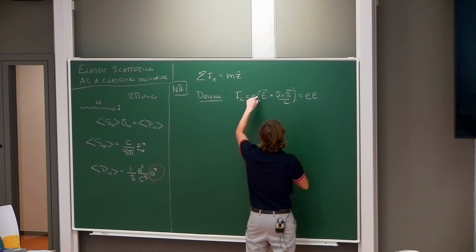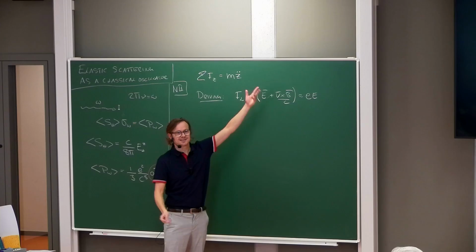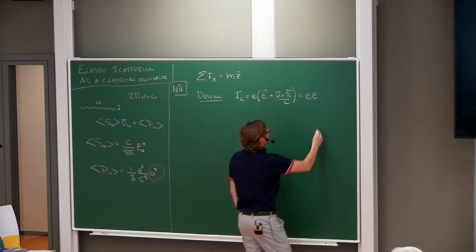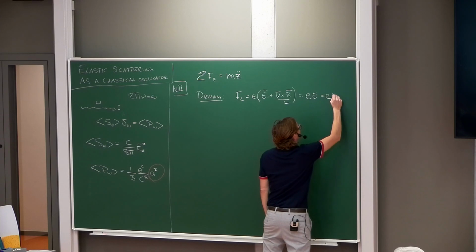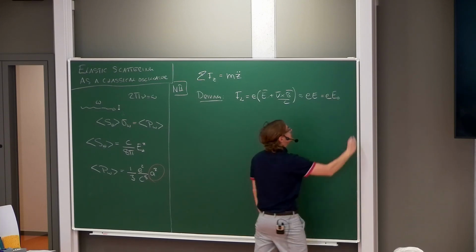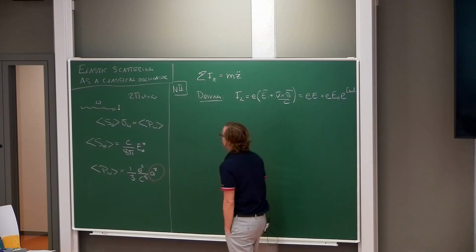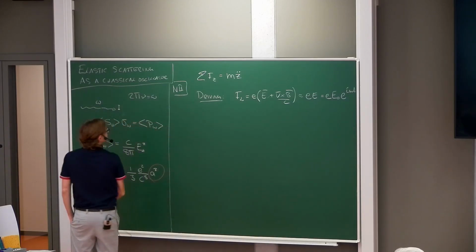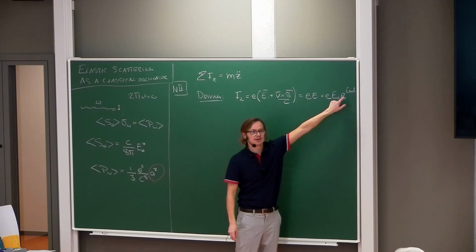This is just little e times the electric field E. Little e is the electron charge. Now, we're going to write this. It's an incoming wave. So it's e to the i omega t. Where omega here is the frequency of the incoming wave.